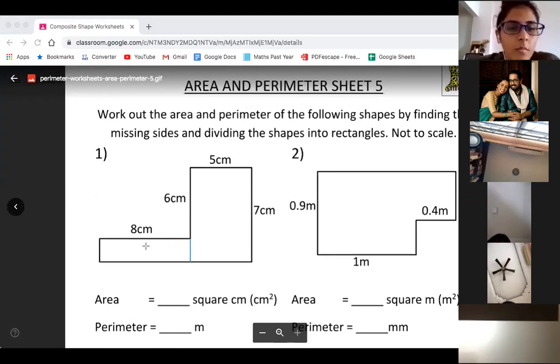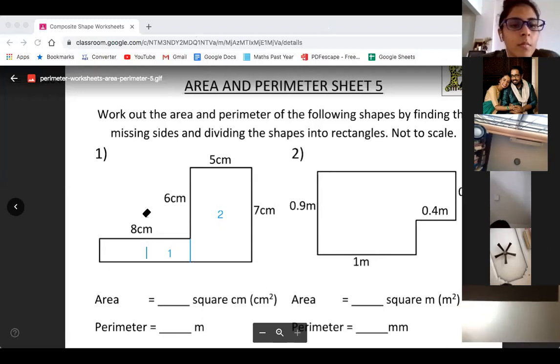Do you know why I choose to break it like this? Because if I know this is 7 cm and I know this is 6 cm, how many cm is this little corner here?